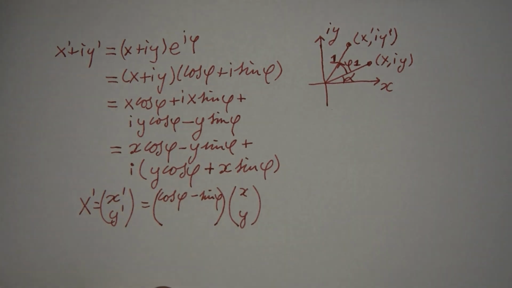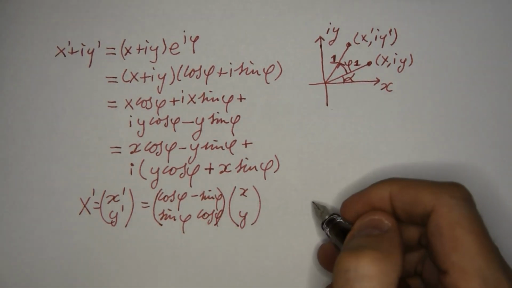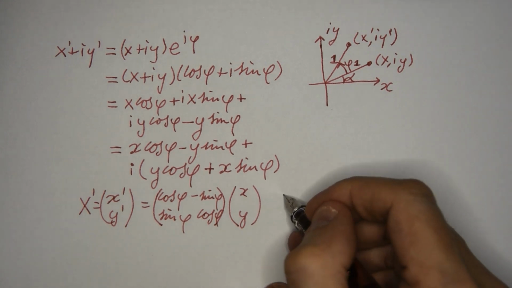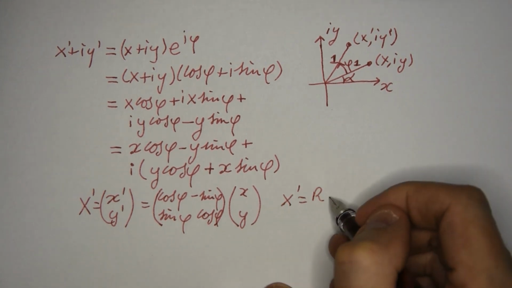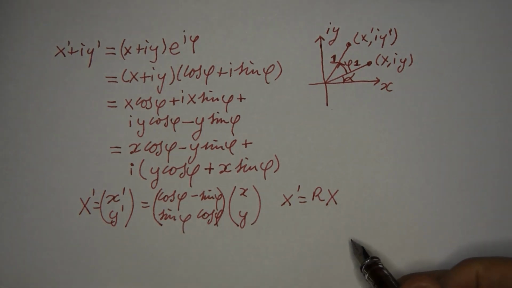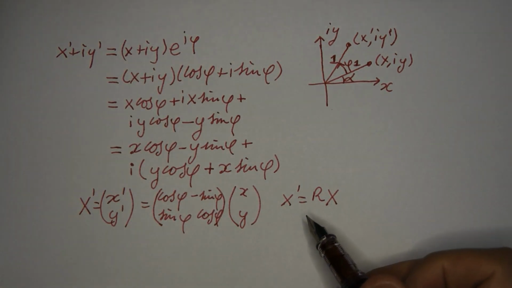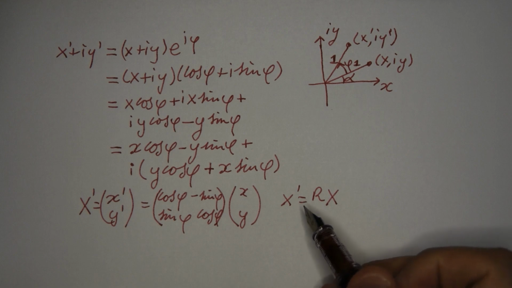And also for y. So we get sine phi here, cosine phi there. And again, we get a nice rotation matrix that is exactly the same as what we had before. And you see that this methodology using Euler, you don't have to remember trigonometric formulas. It makes it quite a bit easier.